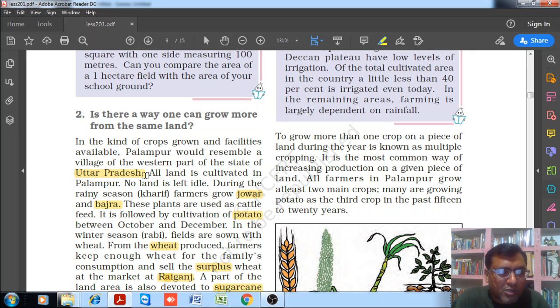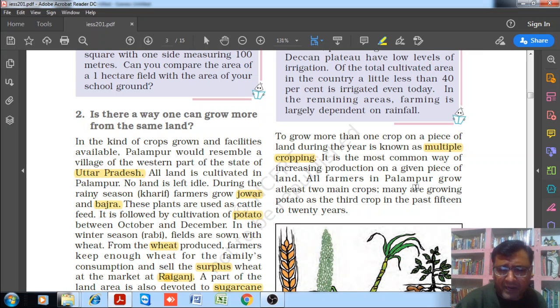The farmers are not cultivating the field with the same crop the whole year. The farmers are not only cultivating wheat or only rice. They are cultivating their fields with different types of crops. So this is called multiple cropping. It is the most common way of increasing production. So here we have got the answer to what is the first way to increase farm production with the same piece of land, that is multiple cropping.